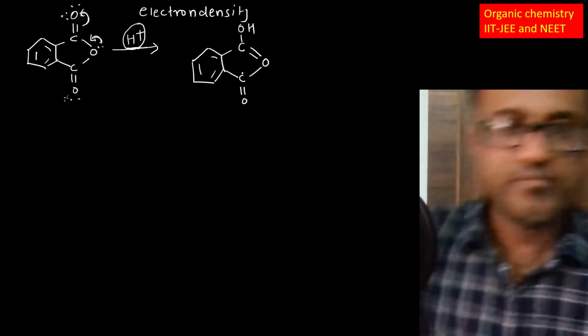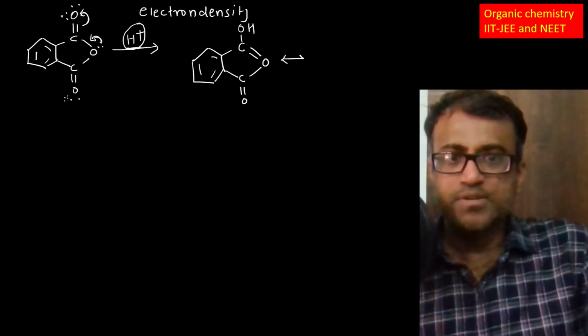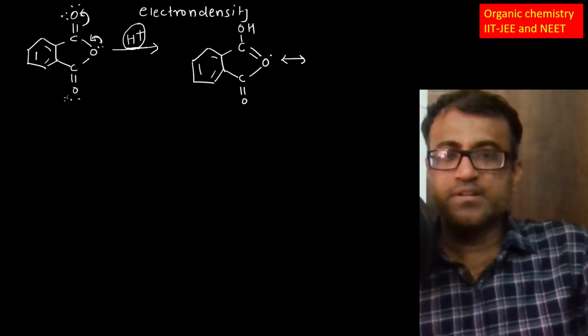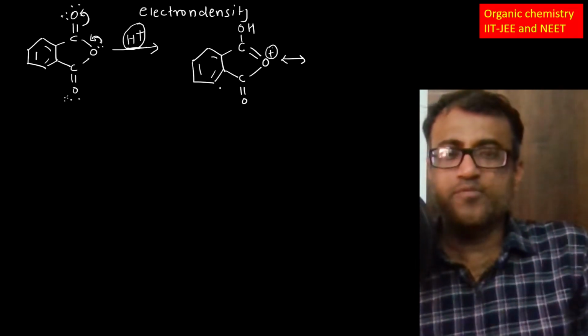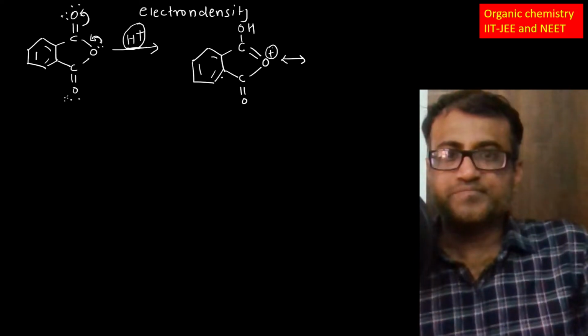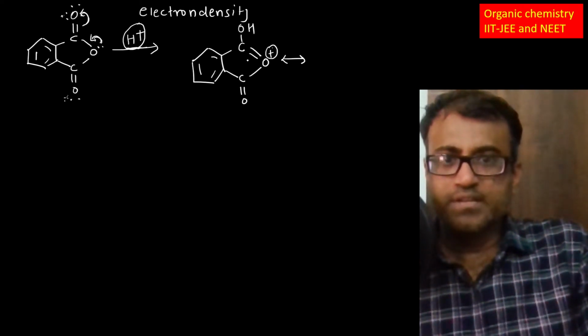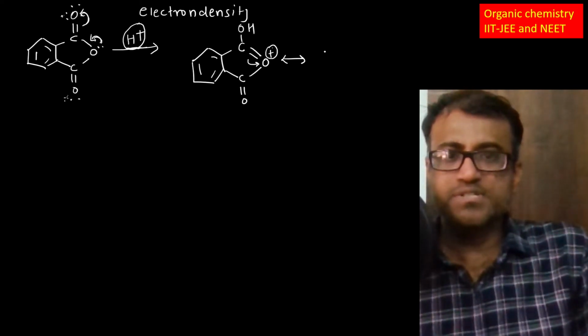Now friends, if we observe the resonating structures of this intermediate, this is the intermediate formed during the synthesis. This negative charge can shift on this oxygen atom also.